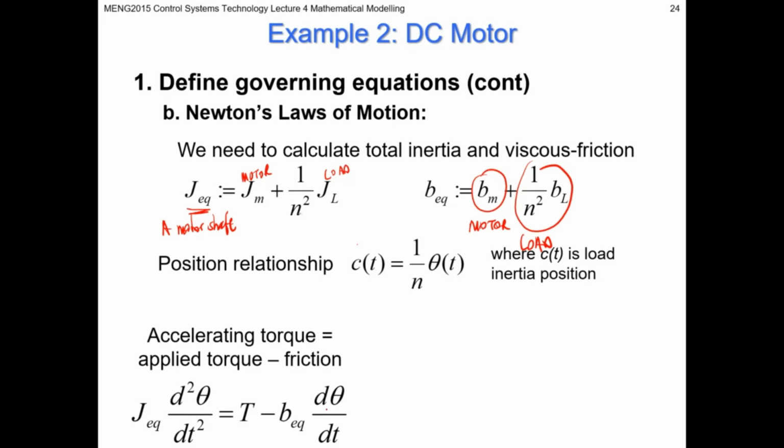That's our F equals ma, but you also have to subtract the drag torque caused by our equivalent viscous friction. That's the viscous friction constant, BEQ, multiplied by the speed of rotation to give you your drag torque.